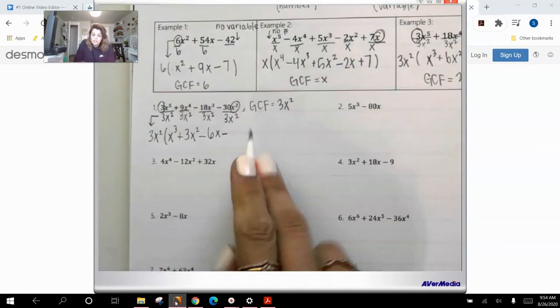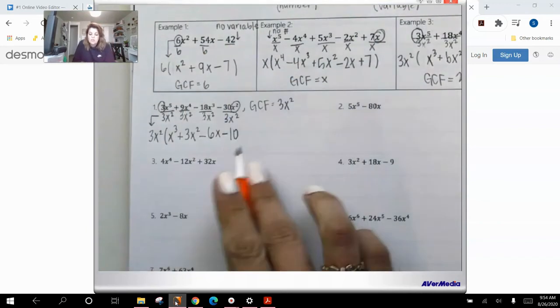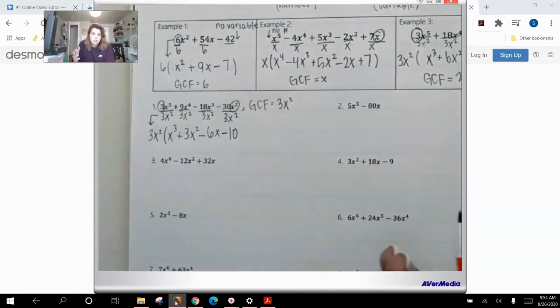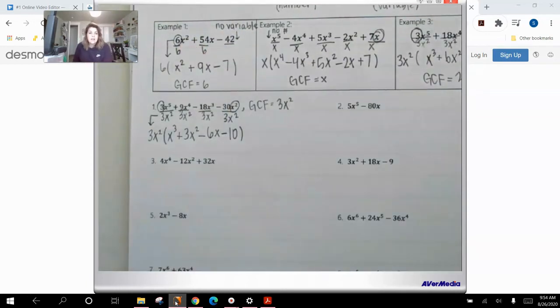Minus 30 divided by 3 is 10. X squared divided by x squared, those just go to 1, or if you have 2 x's and you take 2 x's away, you don't have any left over. So that is the end of the algebraic expression.